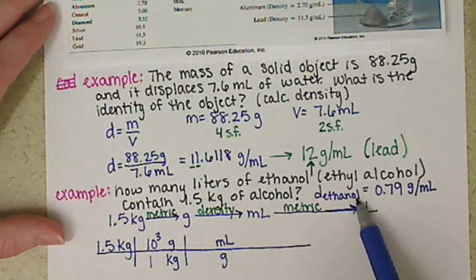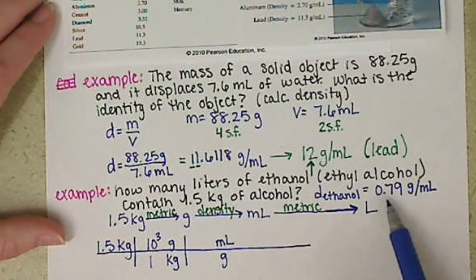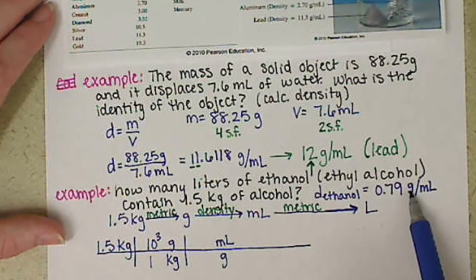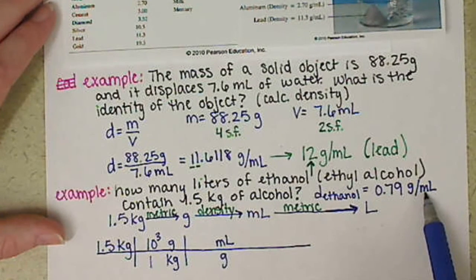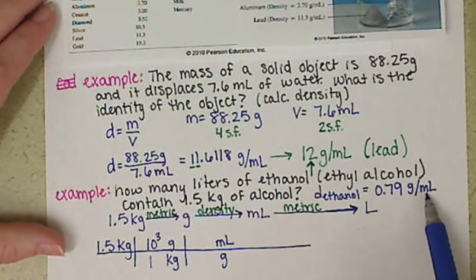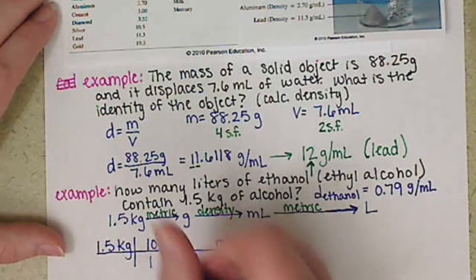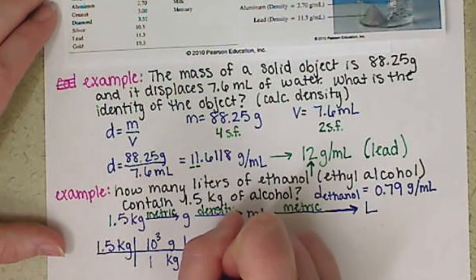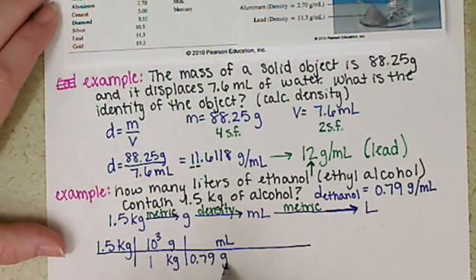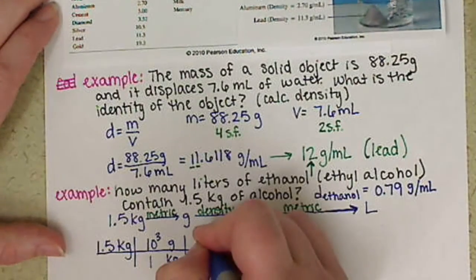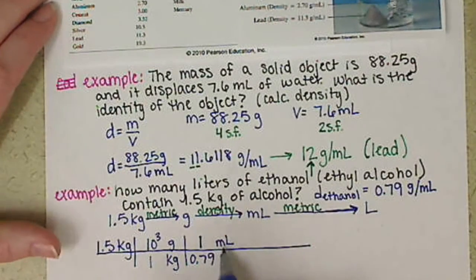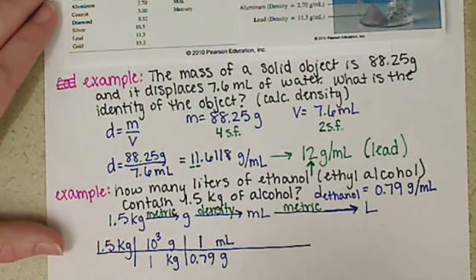So we know the density of ethanol is 0.79 grams per how many milliliters? Per 1. Remember, whenever we have multiple units, the bottom unit already has 1 with it. So 0.79 stays with the grams, and then 1 milliliter goes up top.